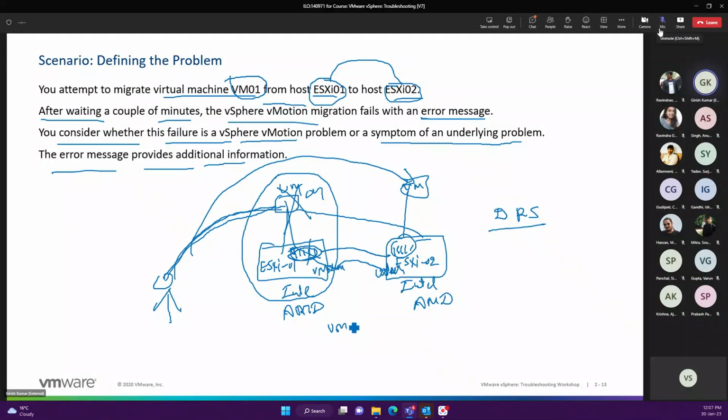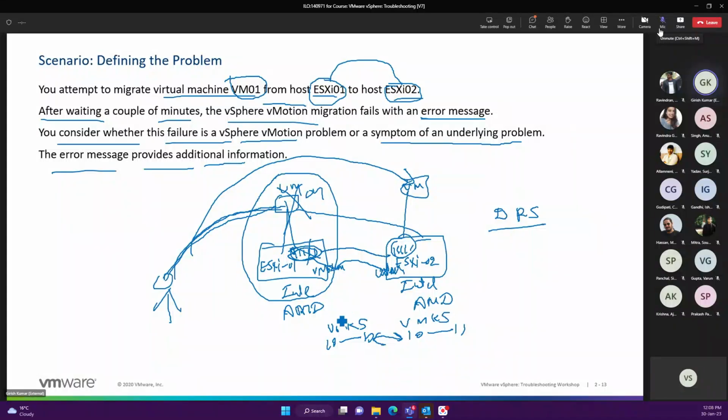It will be a port group, let's say VMK5, with addresses like 10 and 11. The vMotion networks must be reachable to each other. This network is used by the ESXi to migrate all the memory state of the virtual machine from itself to the destination ESXi host.